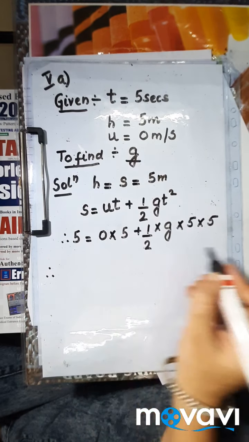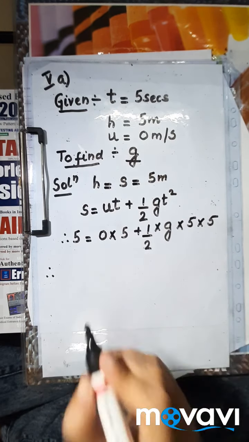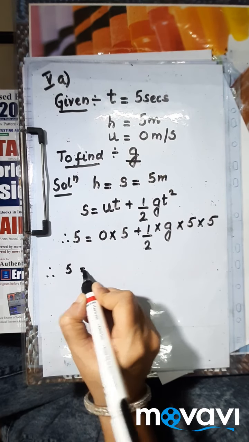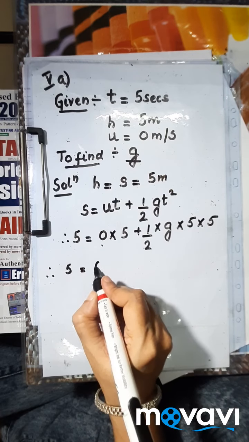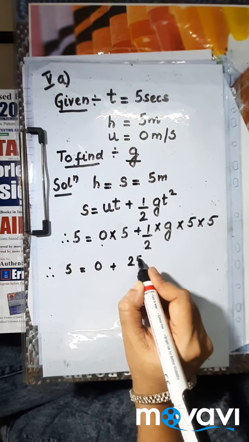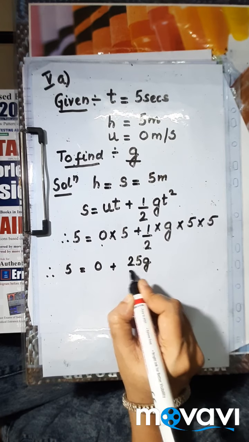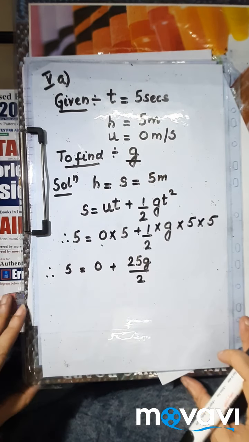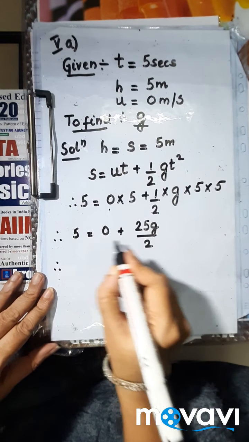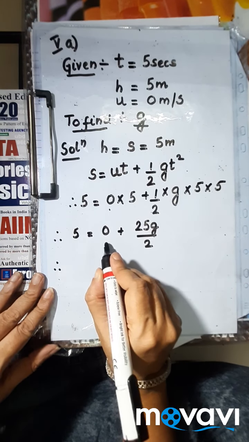Now which side is my unknown value? It is on the right side, so I always tell you. So this is my 5 is equal to 0 into 5 is 0 plus 25G upon 2. Therefore, this is 25G upon 2 plus 0.